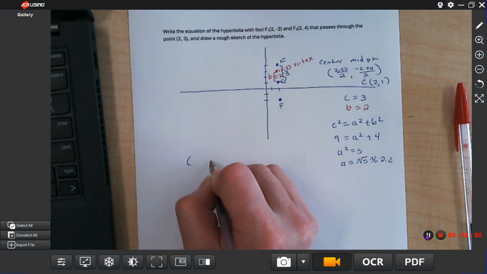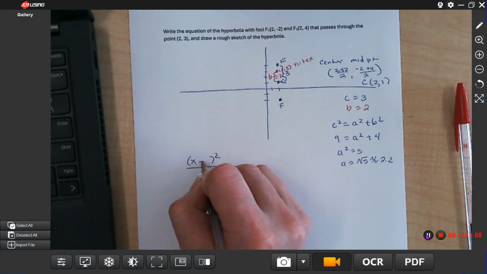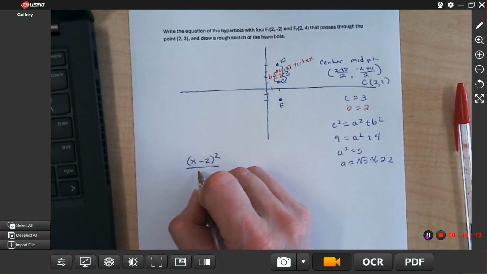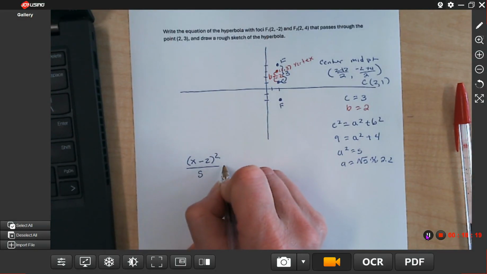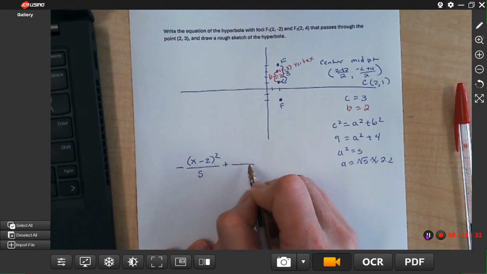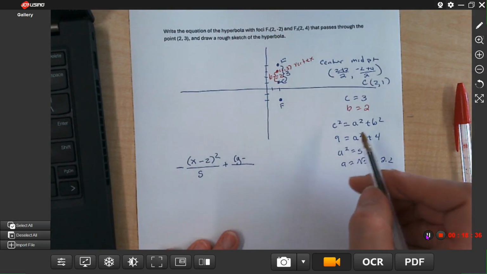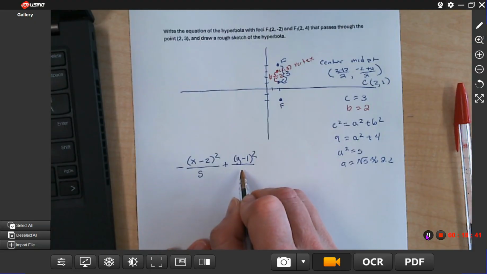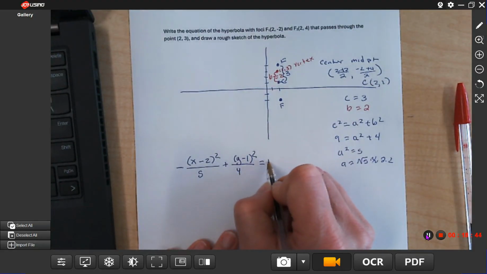So I know that I'm going to have x minus, where's my center, 2, over A squared, so A squared is 5, and then it opens vertically, so the x term is negative and the y term is positive, and then this is going to be y minus the y coordinate of the center squared over b squared, so that's going to be 4, and it always equals 1. So I wrote the equation.